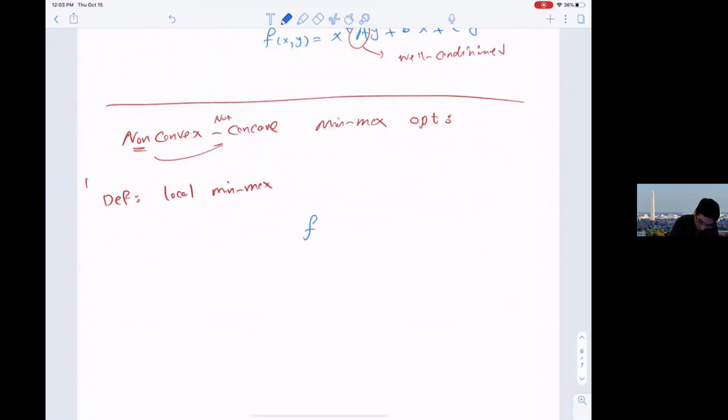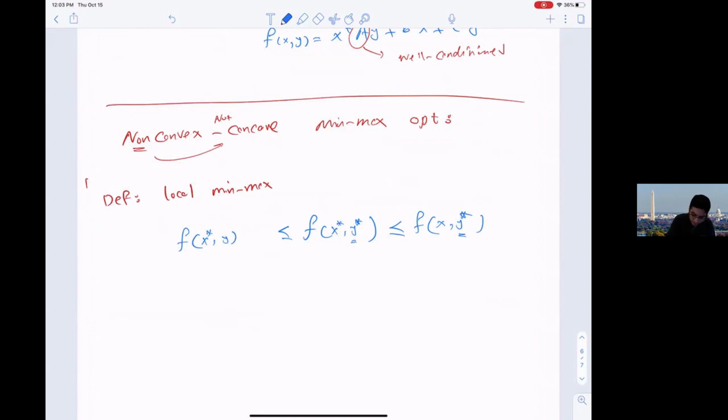Here I'm going to call X star and Y star a local min-max. Again, if I fix Y star, my X star should be a local minimizer of this function. And if I fix my X star, my Y star should be locally maximizing this function.